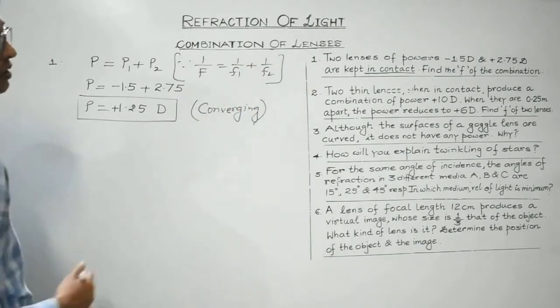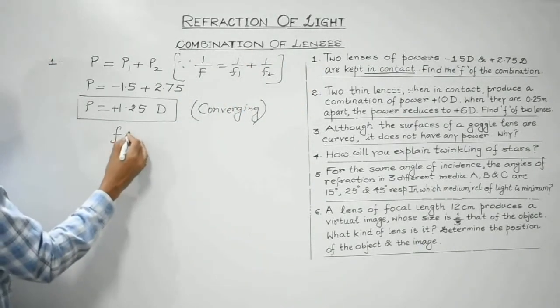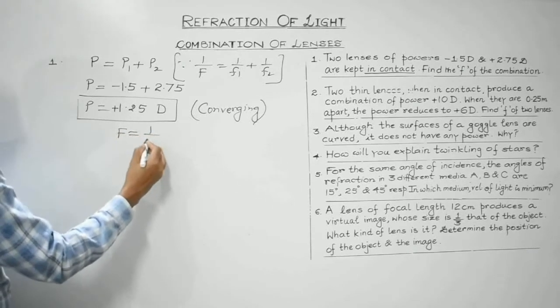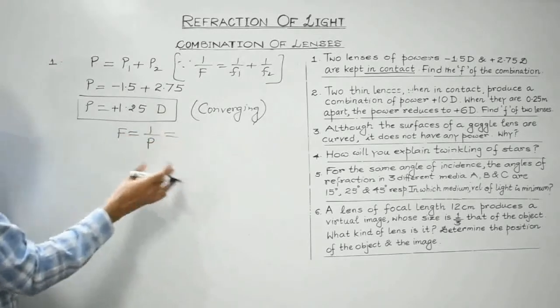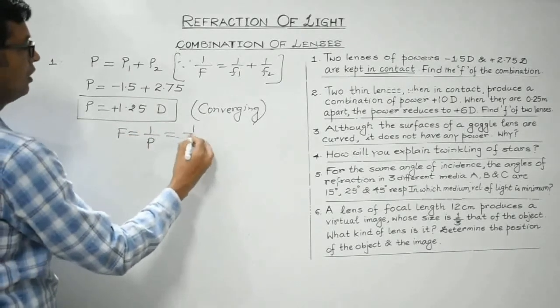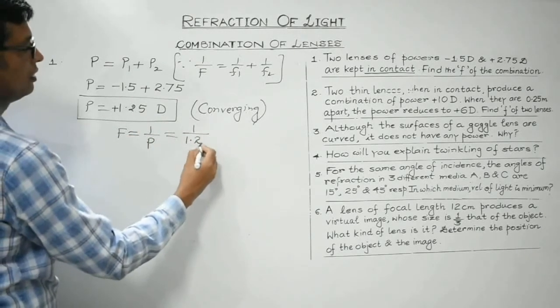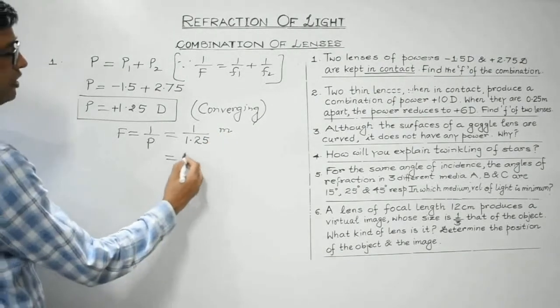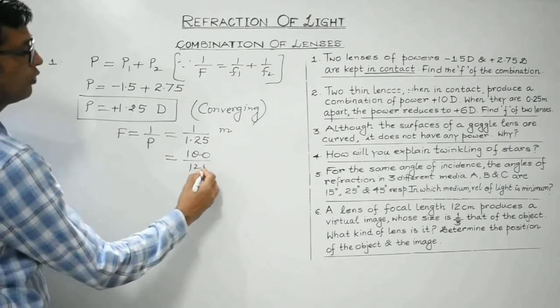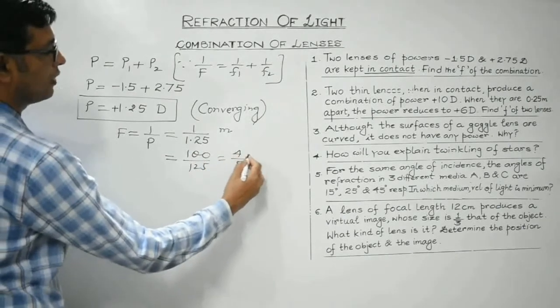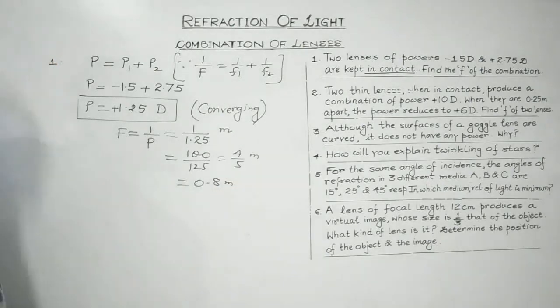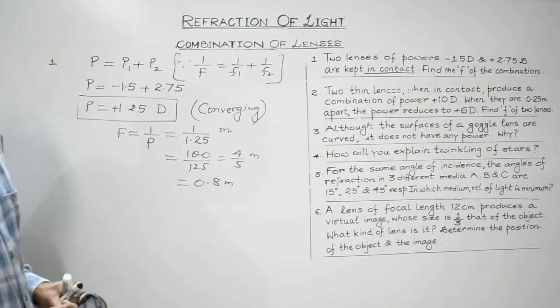Now we are supposed to find out the focal length of the combination. The focal length of the combination would be capital F is equal to 1 by P. P equals 1 by F, or F equals 1 by P. So that is 1 over 1.25 meters. So it can be changed: it is 100 divided by 125, so it is 4 by 5 meters or 0.8 meters or 80 centimeters.